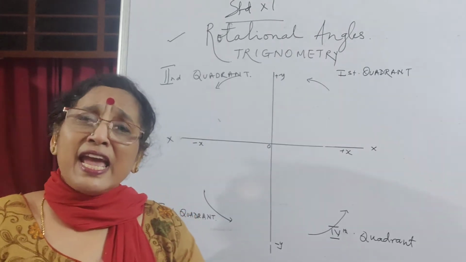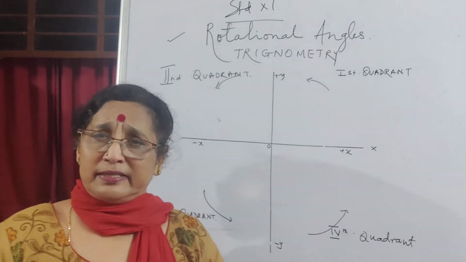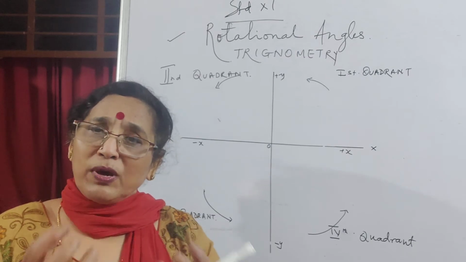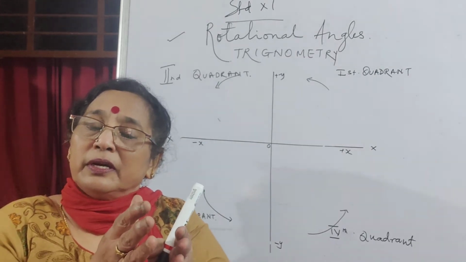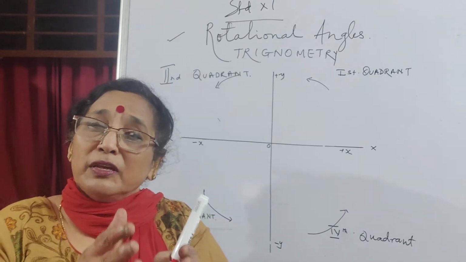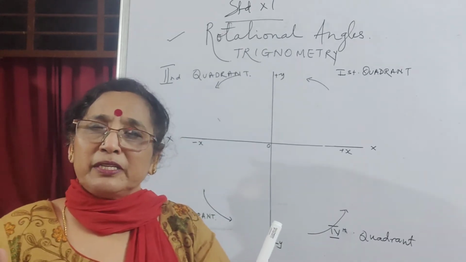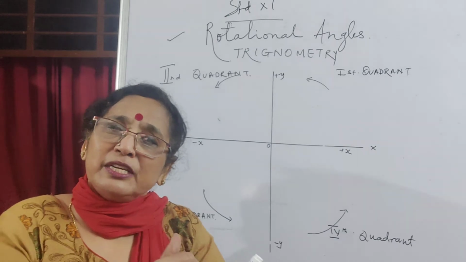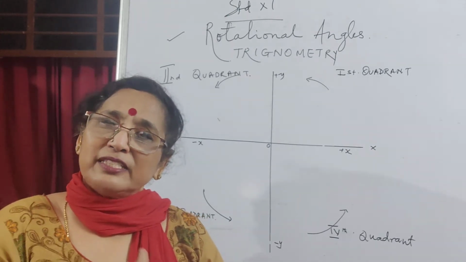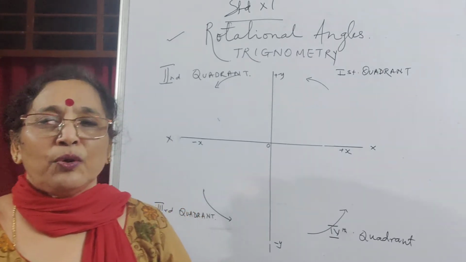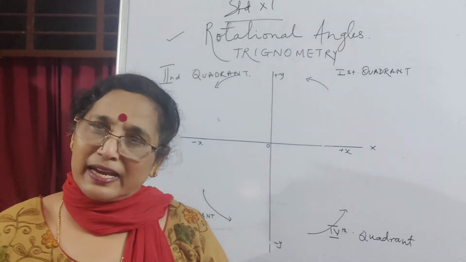Every angle, however large it is, we will convert or split, by the process of angular displacement, to an angle which is between 0 and 360, because we only know that 0 to 360 degrees is the maximum measurement of angles.